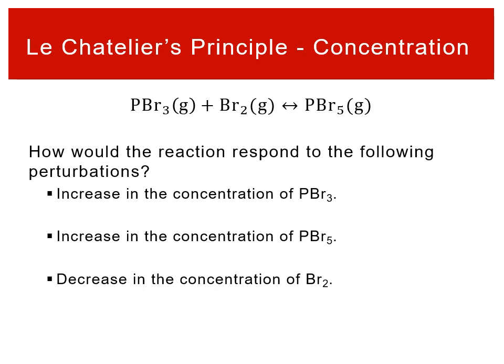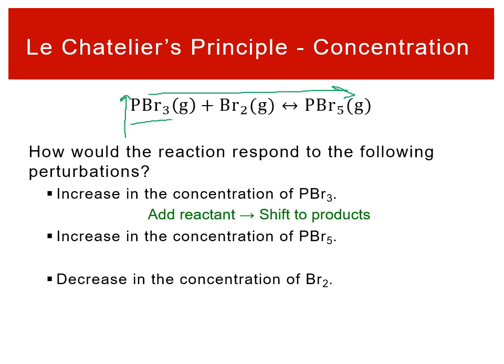I can see that PBr3 is a reactant. If I increase the concentration of a reactant, the system will respond away from that, and so that would be a shift to products. Whenever I increase a reactant, I expect to see a shift to products because there's too much reactant, so the system will respond to get rid of it.